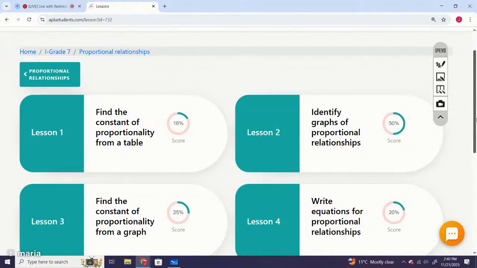So please make sure before the next session you complete all the practice questions for the lessons we just did.